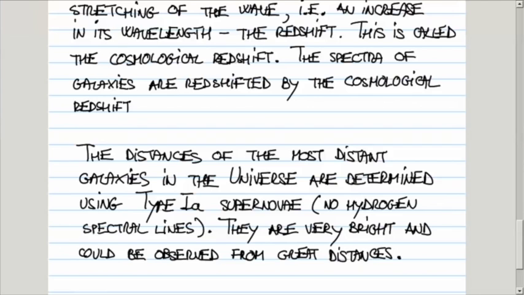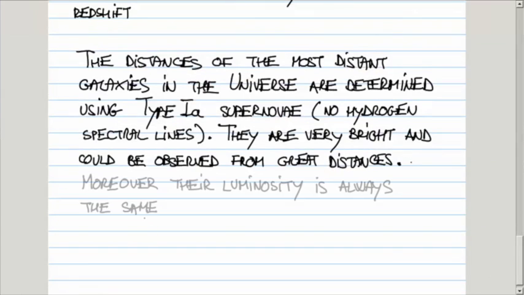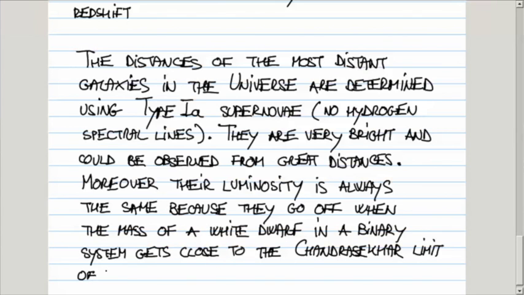Okay, so their luminosity is always the same, right? Because they occur when the mass of a white dwarf in a binary system approaches Chandrasekhar limit of 1.4 solar masses, right?